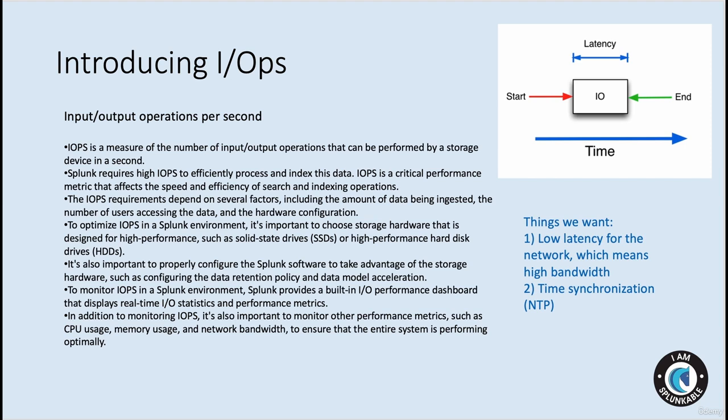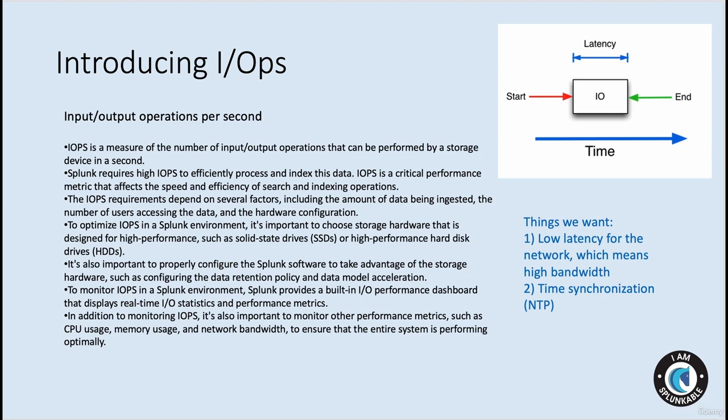You ideally want your search head to search head communication, if you're in a search head clustered environment, to be less than 200 milliseconds. Your indexers, if those are clustered, the communications between the search peers should be even faster, as that's where the searching and performance is going in. So maybe less than 100 milliseconds for your IOPS.